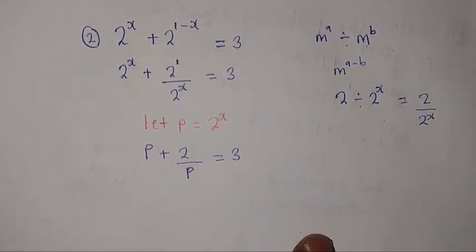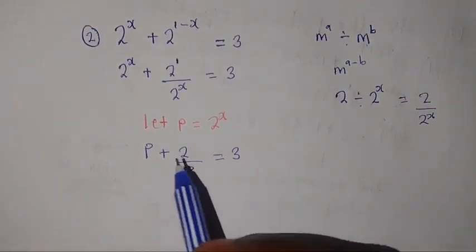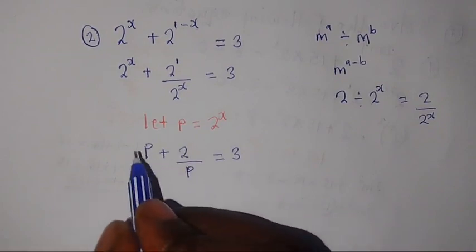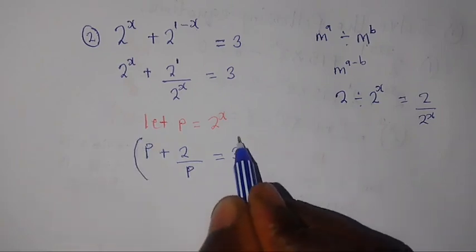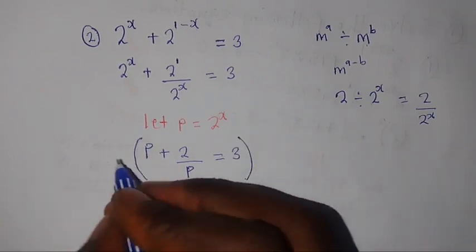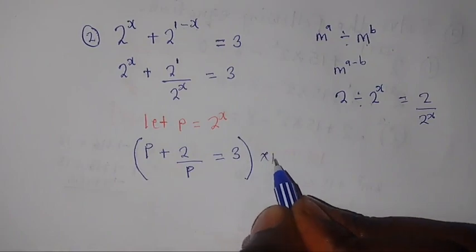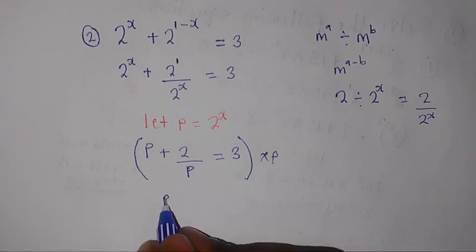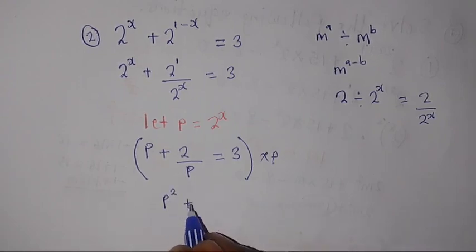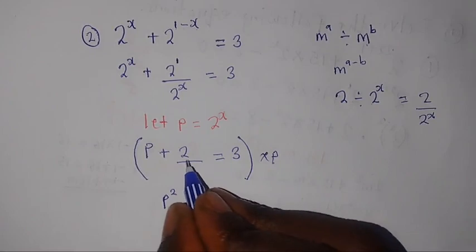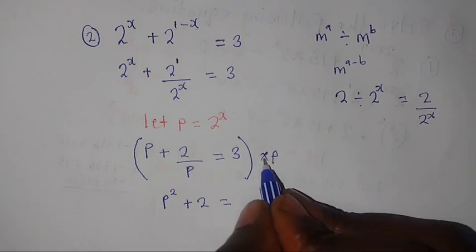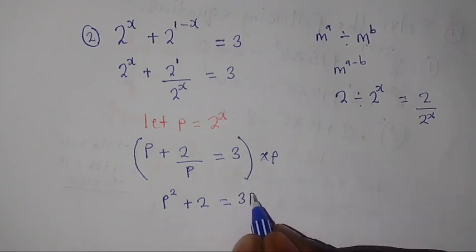I hope that you are following. Since we've got a fraction here, we can multiply everything with a p. So p times p gives p squared, plus this p and this p will cancel. You just remain with a 2 equal to p times 3, you get 3p.